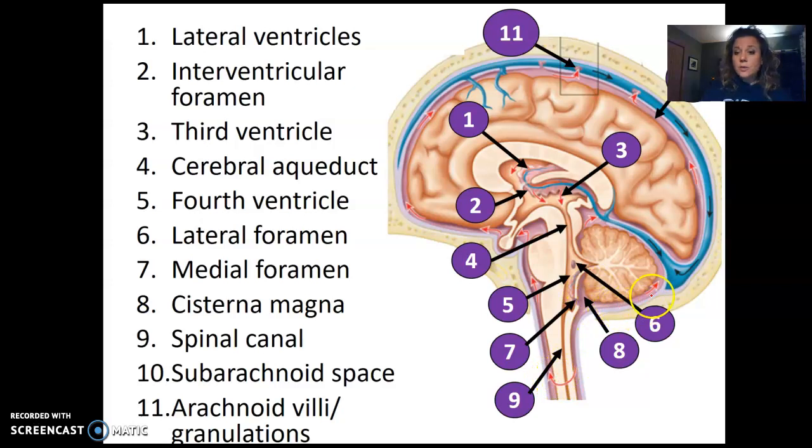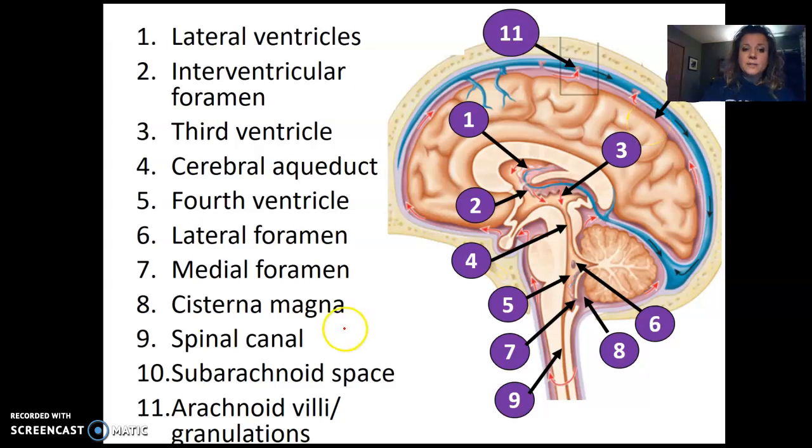Or it could go around the cerebellum and around these other structures of the brain. So all of this pink area in this picture, this is our subarachnoid space. That's what the number 10 is pointing to.